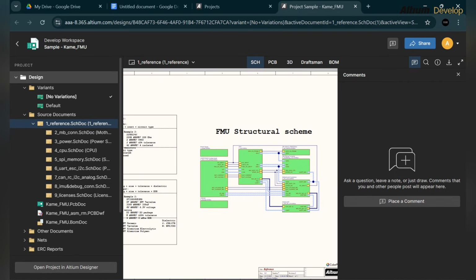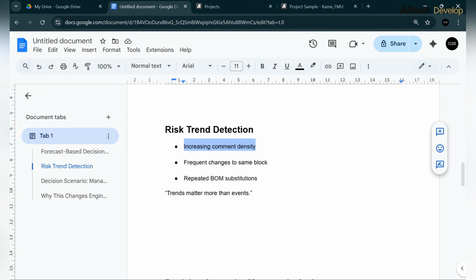The manager is not a technical person and doesn't know the design process, but he knows some basic rules. If the density of comments is too high on a specific block of the circuit or schematic sheet, it means there is some failure coming in the next stages for this block.